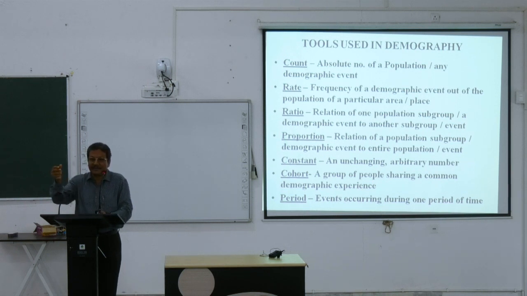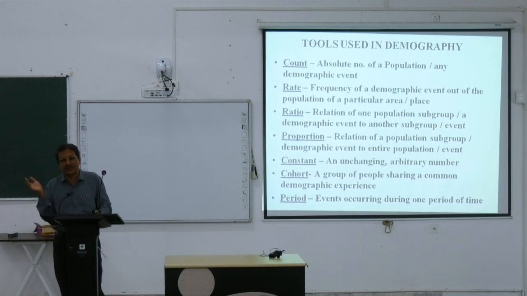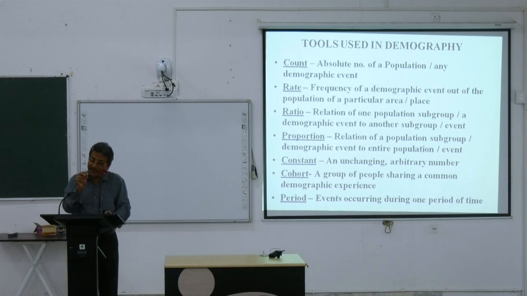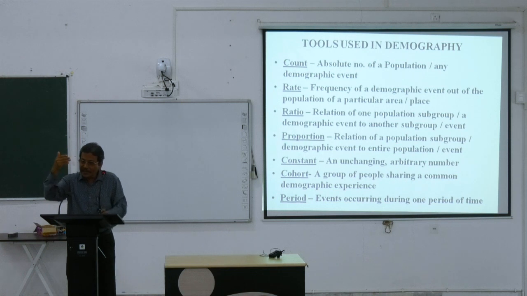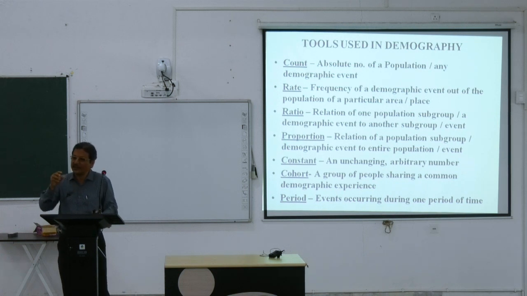Number of infant deaths, that is rate. So rate is frequency: the number of that particular event, number of marriages, or number of people.